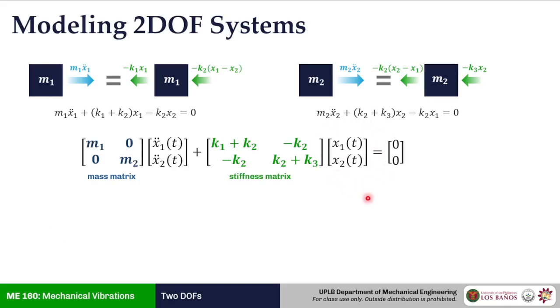Now, x1 and x2 are still defined by the usual forms, but for now, we will use the complex exponential form, which is just the amplitude times e raised to j(omega n t plus phi). So, all right, x1 and x2 actually form this particular matrix we call the displacement vector.